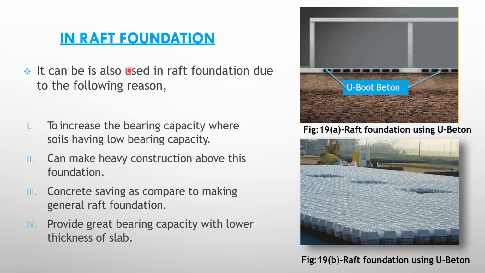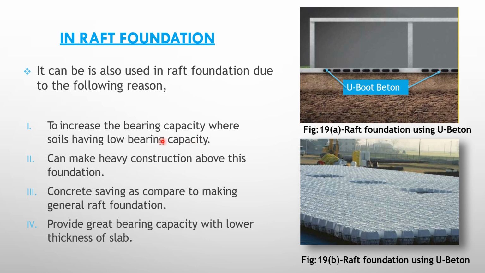Next, raft foundation. It is also applicable in raft foundations. As you can see in this figure, these are U-Boot Betons kept in the raft foundation. This one is the other diagram showing the same. It is used to increase the bearing capacity where soils have low bearing capacity.